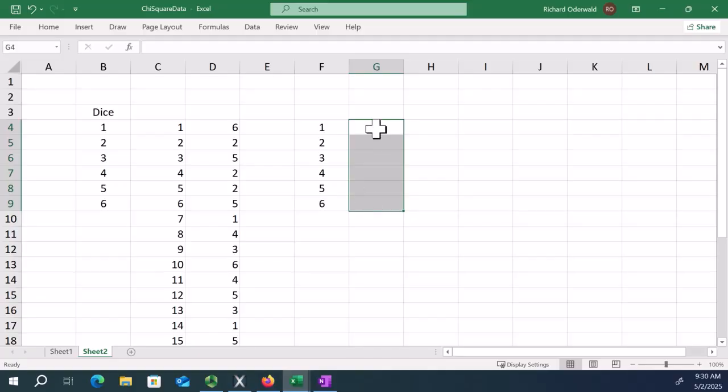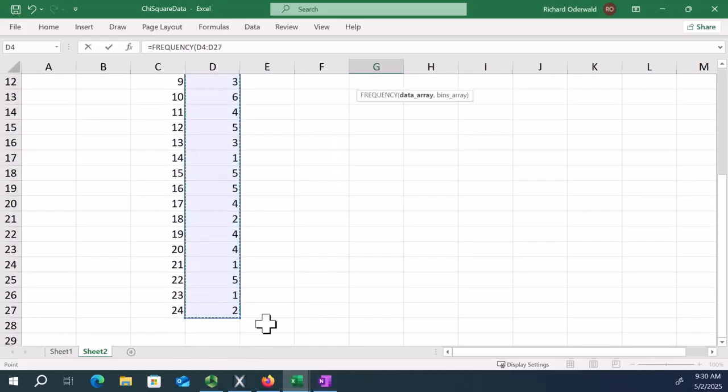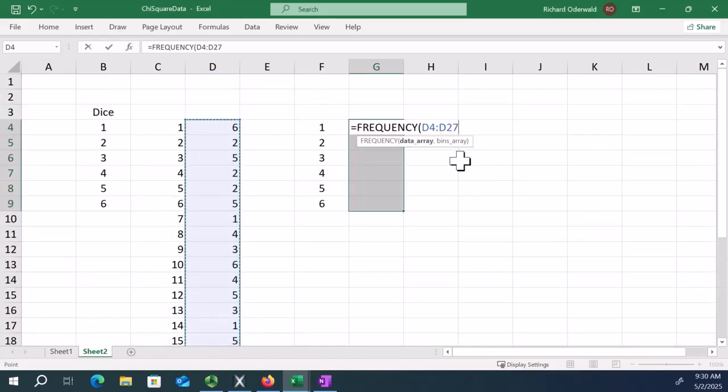Here's my bins, 1, 2, 3, 4, 5, 6, and I want equals FREQUENCY. This is the short way to do the histogram. Frequency, the data array is my list of 1 through 6s, random. And the bins are 1, 2, 3, 4, 5, 6.